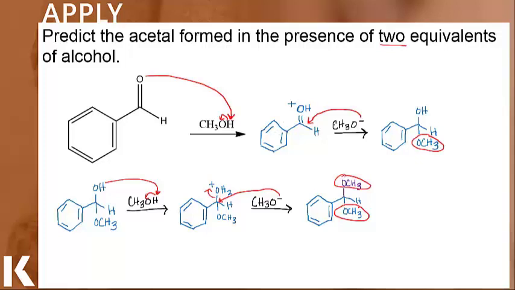Understanding how to make hemiacetals and hemiketals in the presence of one equivalent of alcohol and an acetal and a ketal in the presence of two equivalents of alcohol is necessary for the understanding of the reactions of aldehydes and ketones.